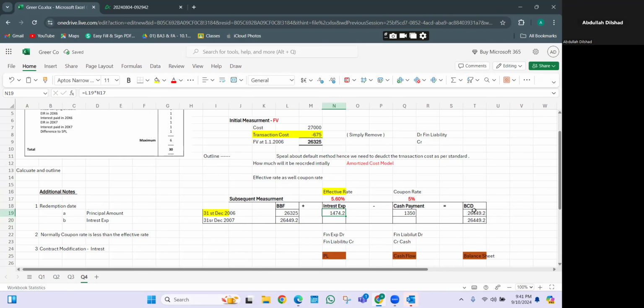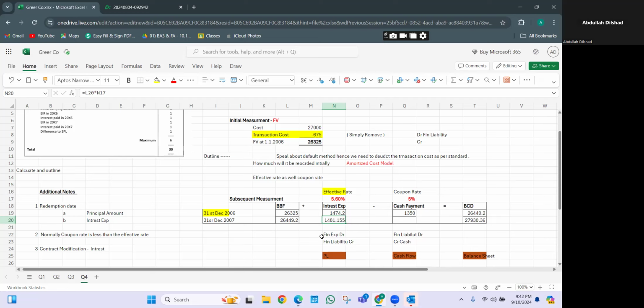This has a particular format, so I'm copy pasting the same format. 26,449 into 5.60, which is the effective rate, would give me the interest expense for the year 2007. This would be my interest expense, 1,481.